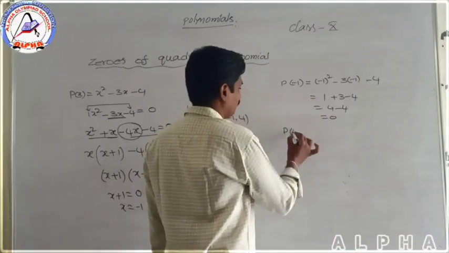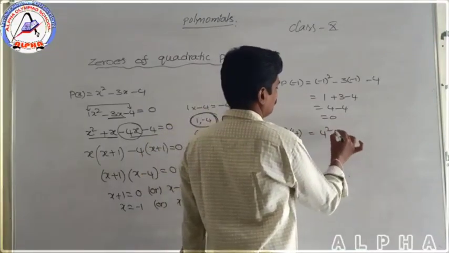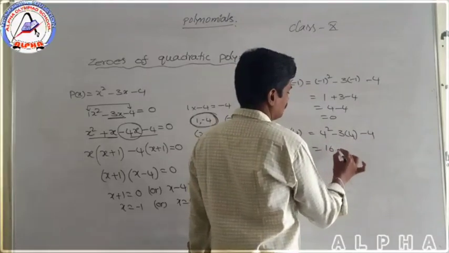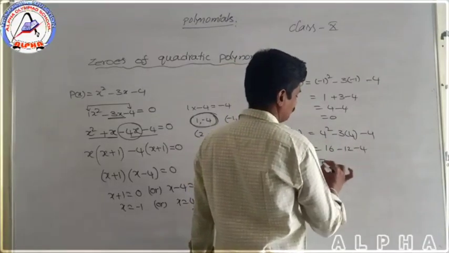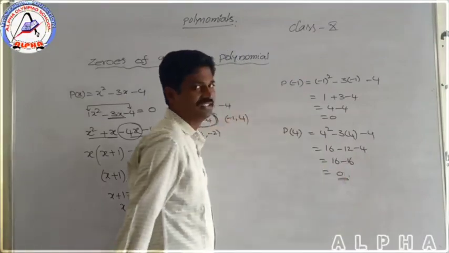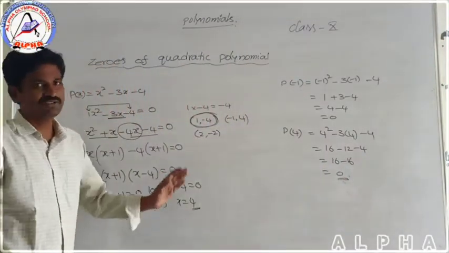Next, p of 4 is 4 square minus 3 into 4 minus 4, that is 16 minus 12 minus 4, 16 minus 16, that is equal to 0. Like this we will find it.